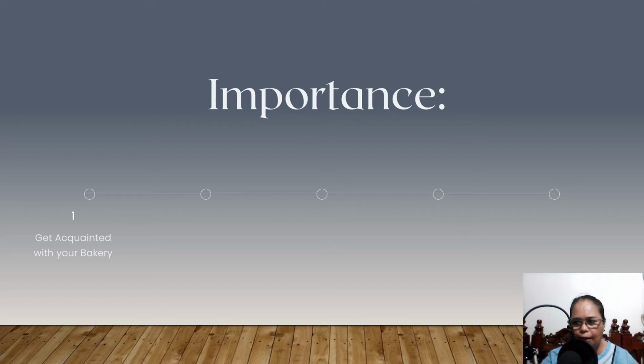What are the things that we need to remember there? First and foremost, the tools and equipment that we use in baking. Second, the baking skills. When we know the baking skills, we can develop or improve our self-esteem.